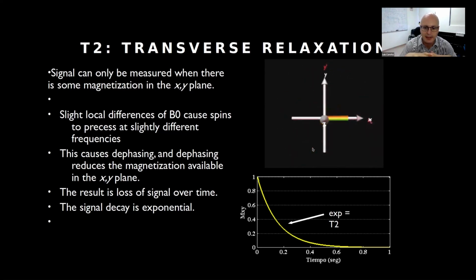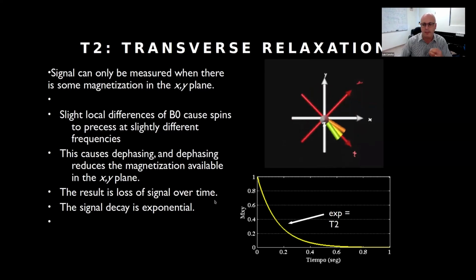And this dephasing, if we think of it as a vector sum, the transverse magnetization that we have on the XY plane is going to tend to decrease over time, again in an exponential fashion. And it is this exponent that is dictating T2 contrast. And the result is the loss of signal over time.